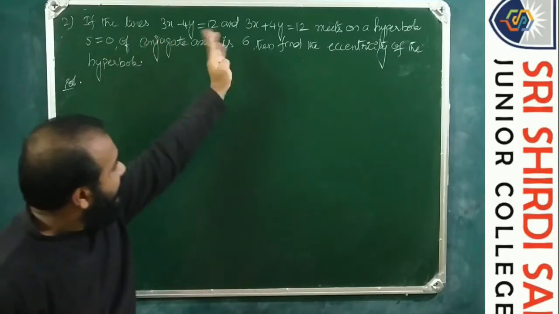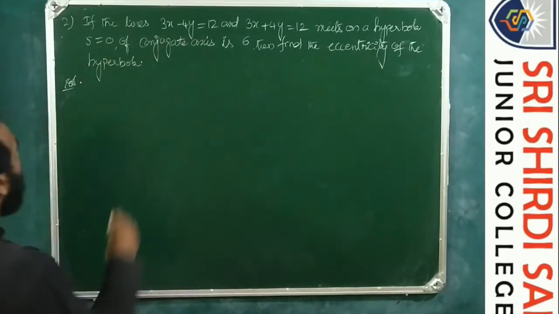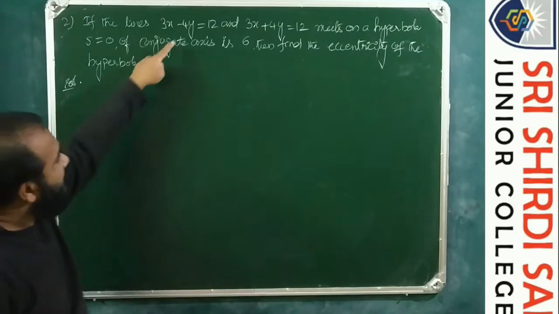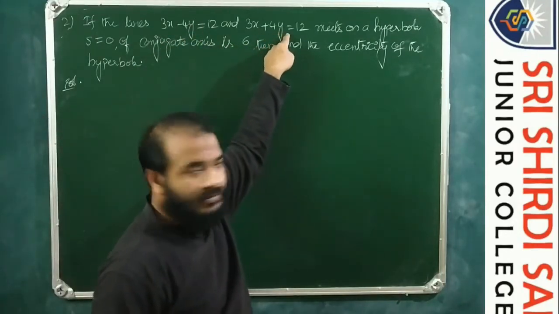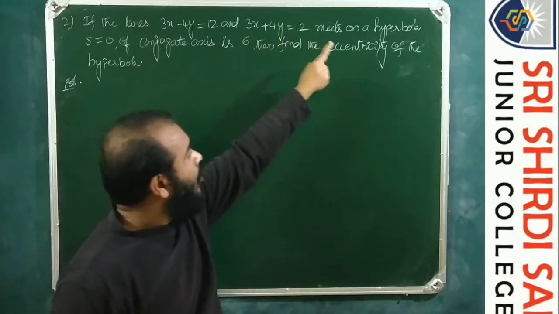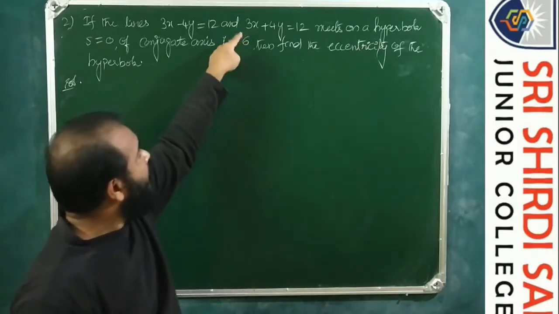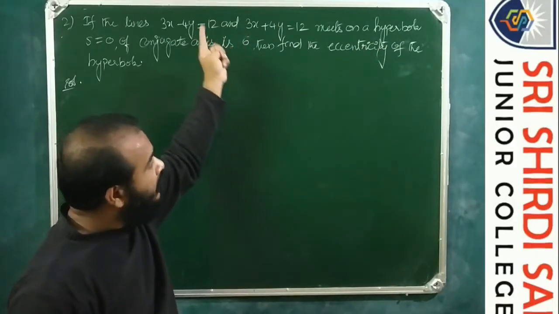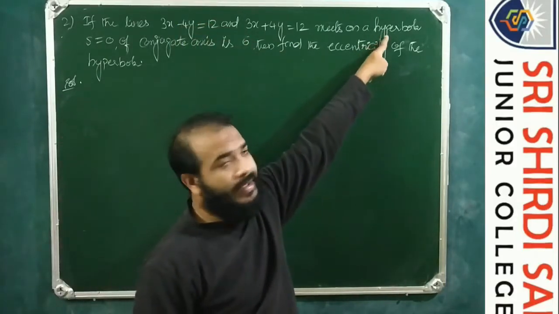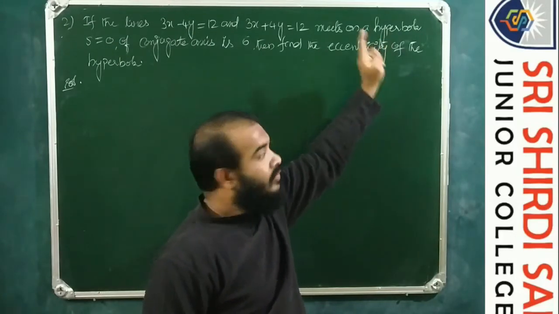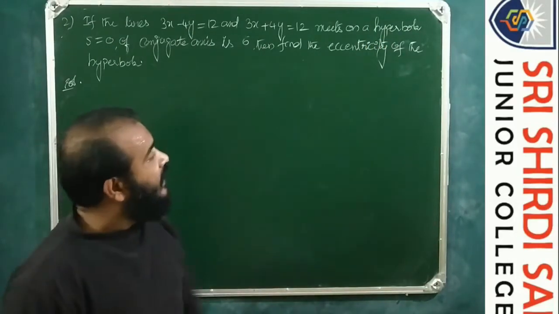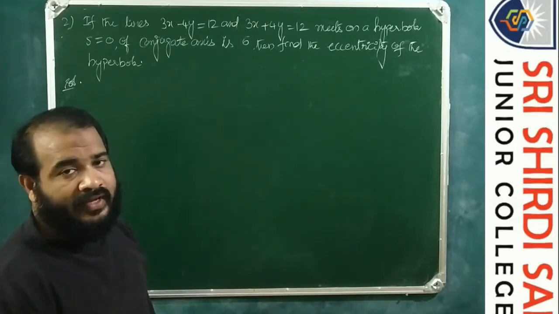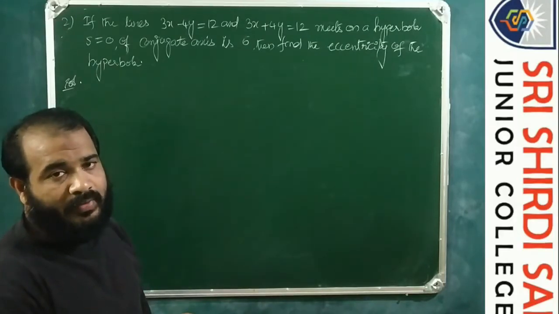So the lines meet on the hyperbola. That means the point of intersection of these two lines is lying on the hyperbola. Then we need to find the eccentricity. Eccentricity is the square root of (a square plus b square) by a square.